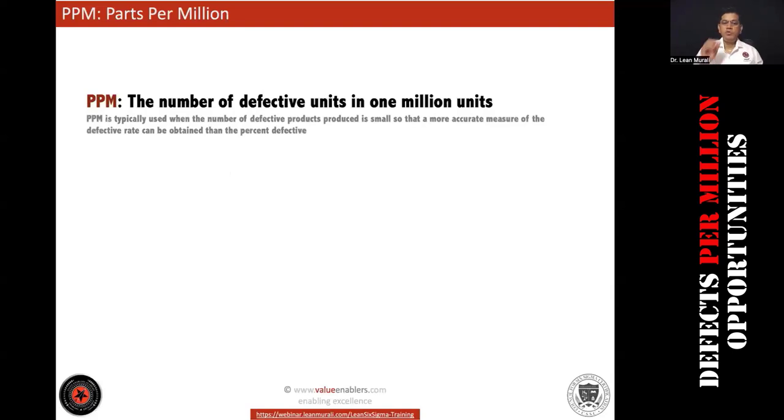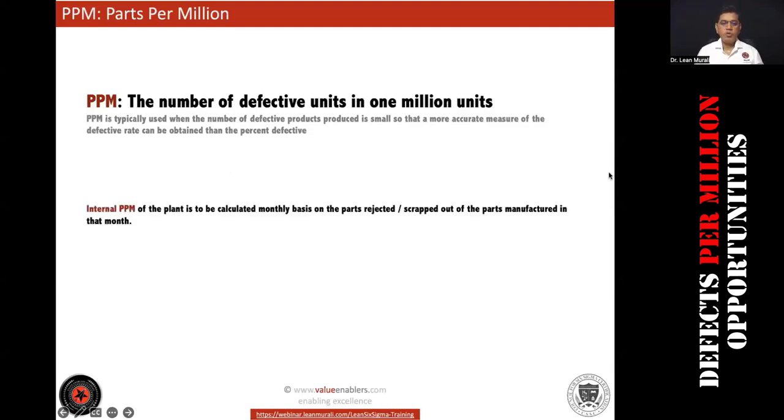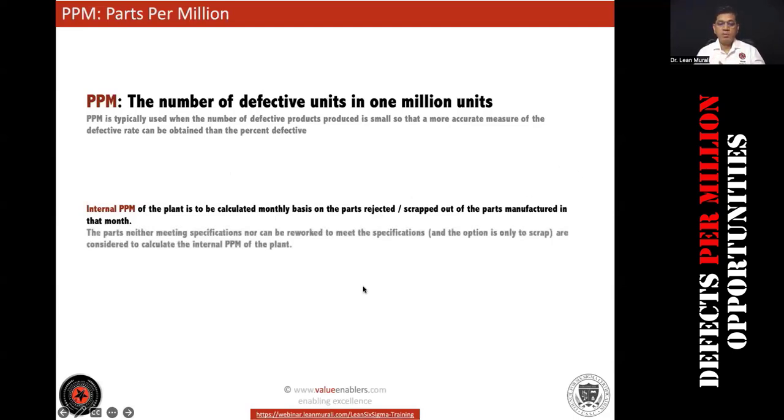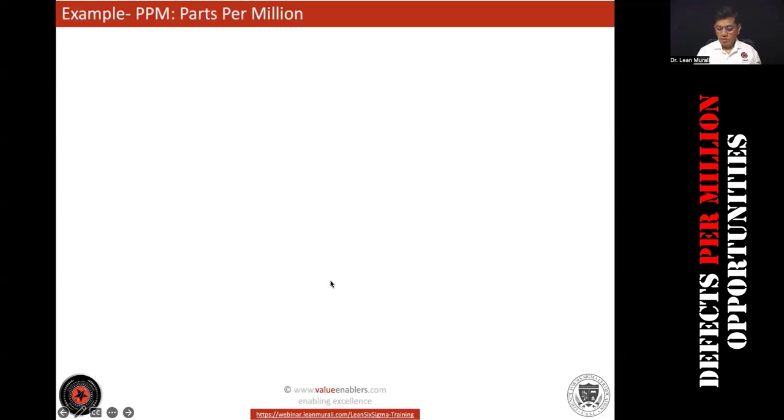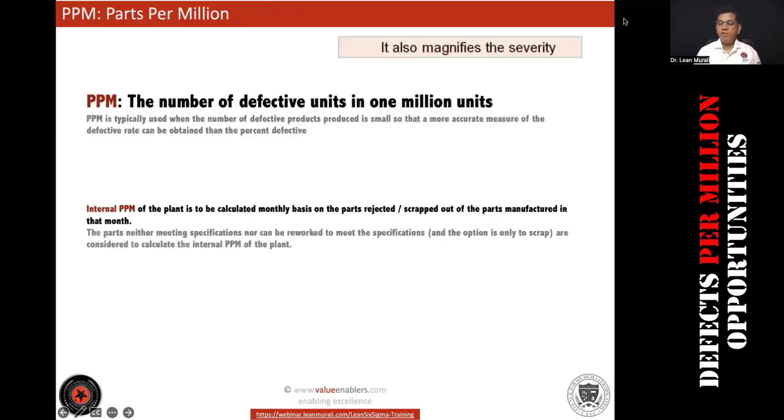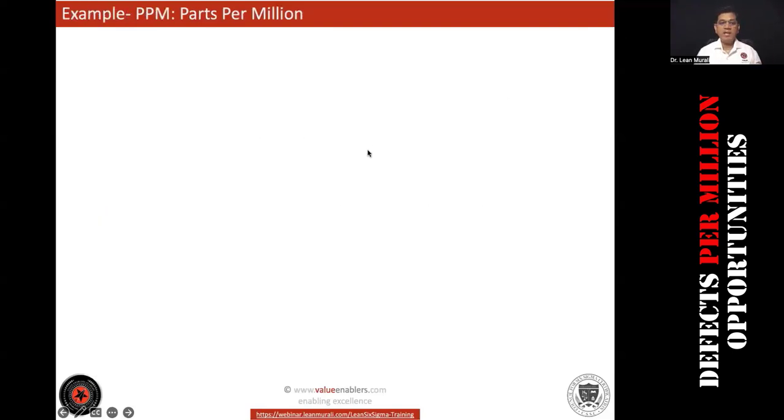PPM is typically used when the number of defective products produced is small, so that a more accurate measure of defective rate can be obtained than percentage defective. Internal PPM of the plant is calculated on a monthly basis from parts rejected or scrapped out of manufacturing, parts neither meeting specification nor reworked.